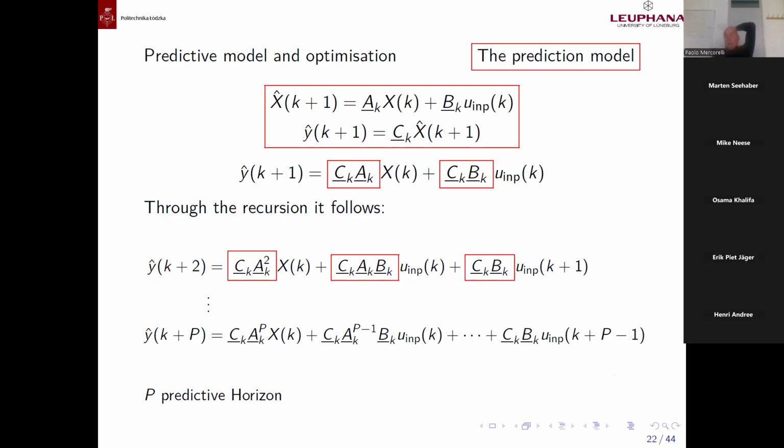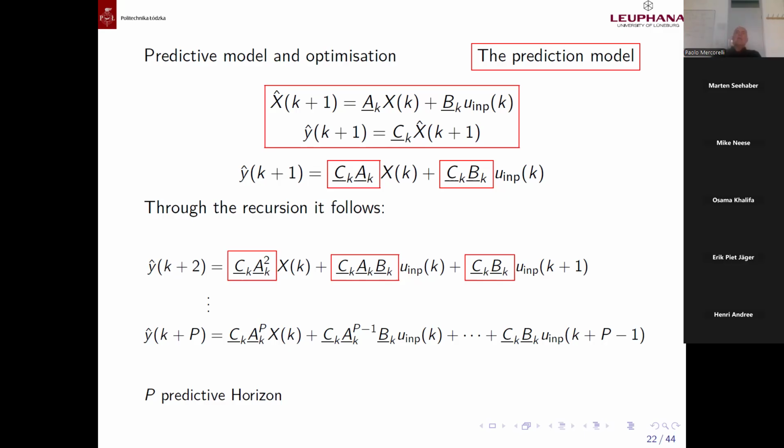But of course, they could be different, and we will see a little bit the idea when they are different. It's not extremely important to consider them different, at least at the beginning. It changes a little bit the dimension of the matrices, about which I will tell you in a few minutes. But in any case, the control horizon must be shorter than or equal to the predictive horizon. It's intuitive to understand, because I cannot control what I cannot predict.